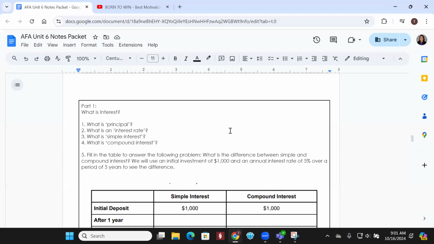Okay, what did you get for interest? Okay, what did you get for principal? The amount of money you invested. Initial amount that you invested. Okay. All right, what about interest rate? What did you come up with?